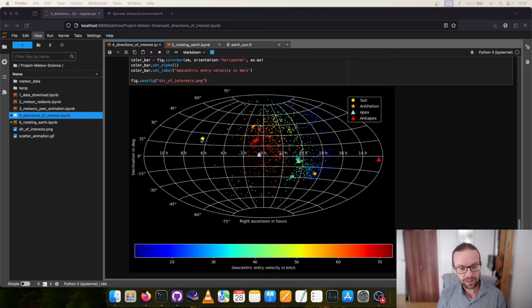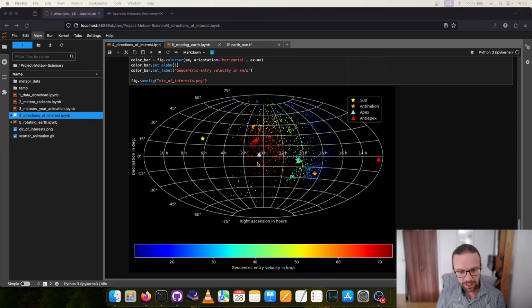We plotted the sun, the yellow star you see here. We plotted also 180 degrees away the anti-sun direction, the so-called anti-helion direction, which is here. We have also plotted the apex direction. The apex direction is the direction where the Earth is heading, and also the so-called anti-apex direction, so the direction where the Earth is coming from.